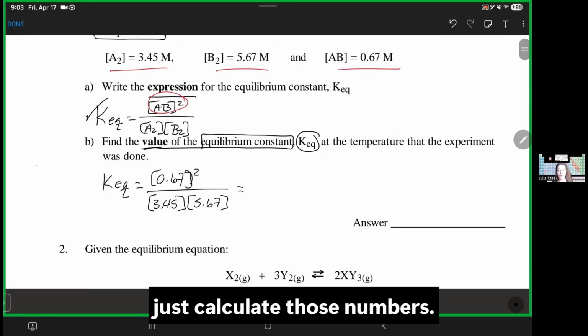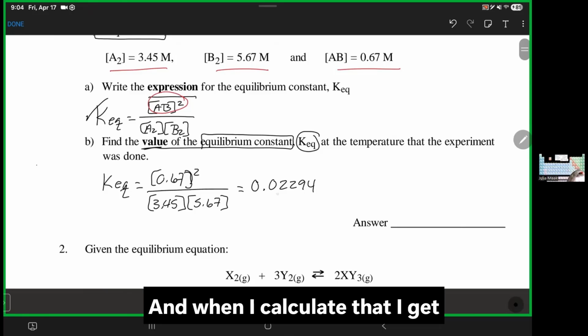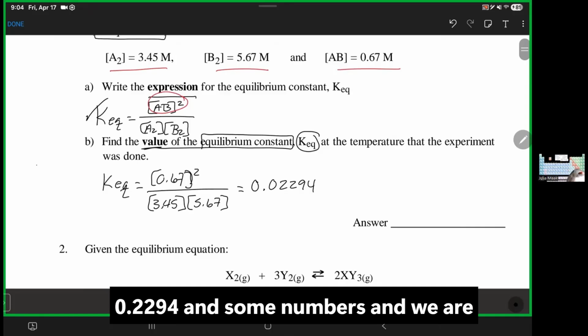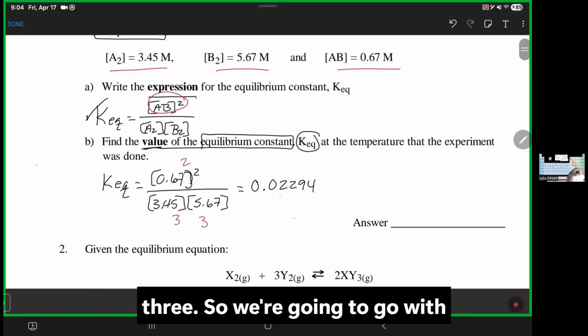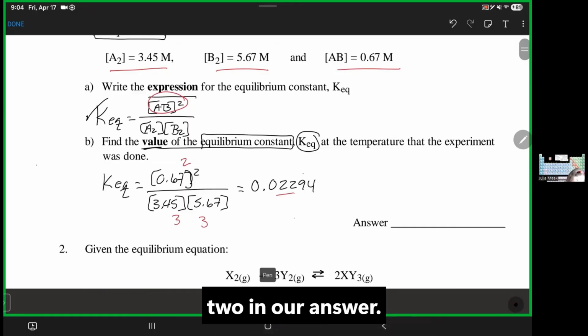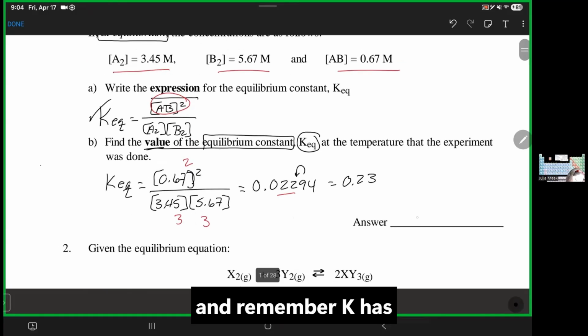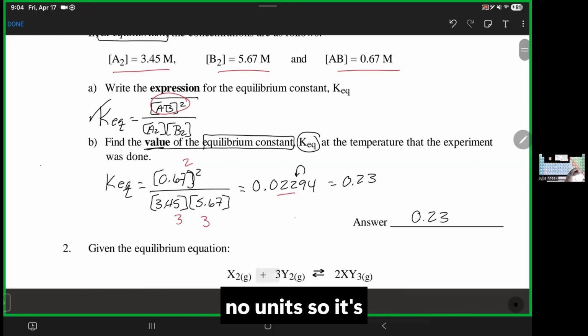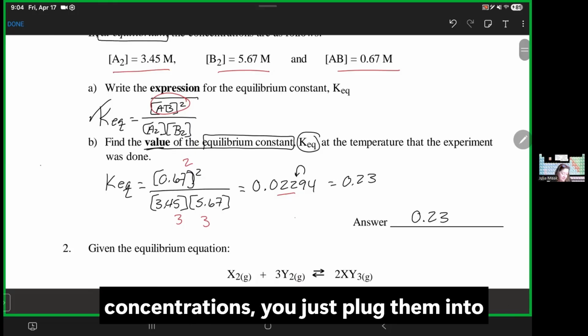And then you just calculate those numbers. And when I calculate that, I get 0.2294 and some numbers. And we are at 2 sig figs here, 3 and 3. So we're going to go with 2 in our answer. So I get 0.23. And remember, K has no units, so it's just 0.23. Okay, so you see if they give you the concentrations, you just plug them into the equilibrium expression.